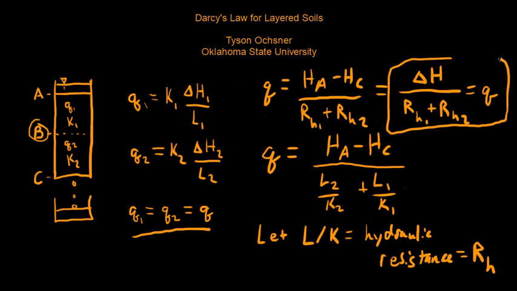We just remember for layered soils, we calculate the total difference in hydraulic head from the top of the column here, point A, to the bottom, point C, and then we divide that by the sum of the hydraulic resistances, remembering that the hydraulic resistance is the length of the given soil layer divided by the hydraulic conductivity of that soil layer. So this is Darcy's law for layered soils, and it's convenient for working a variety of real-world problems.